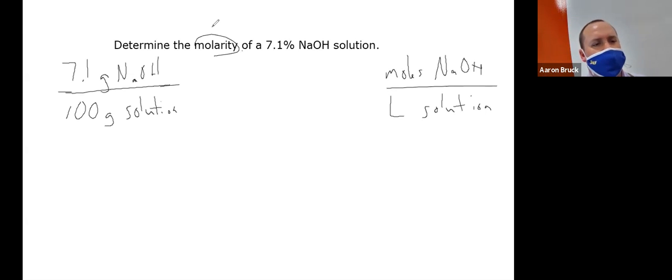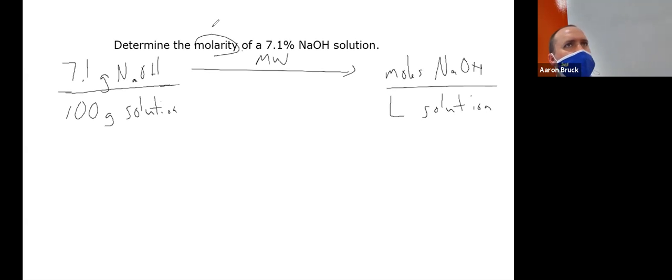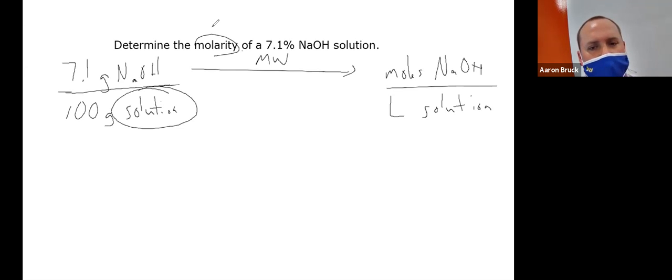Now, the first part should seem really straightforward. To go from grams to moles, I'm going to need molecular weight or molar mass. I just divide my grams by my molar mass, and I would get moles. Simple enough. Now, for grams of solution to liters of solution, I know that at least in one case, this is kind of easy because my solution is the same.